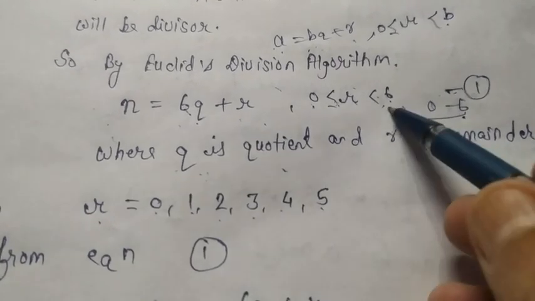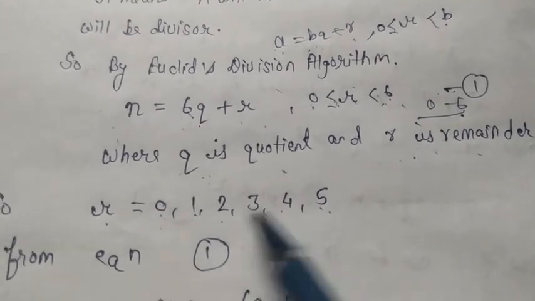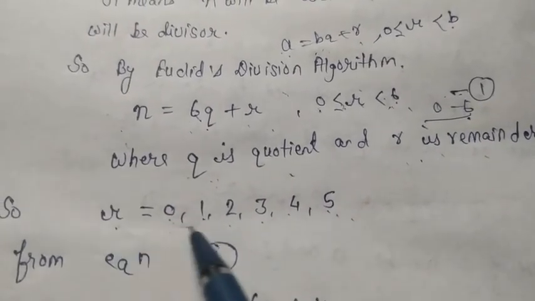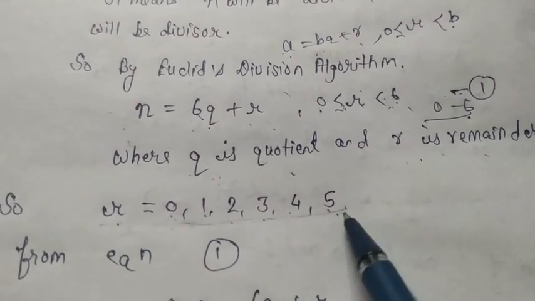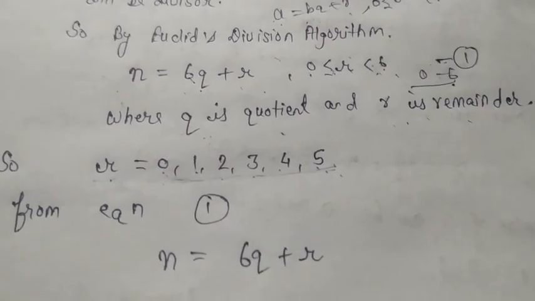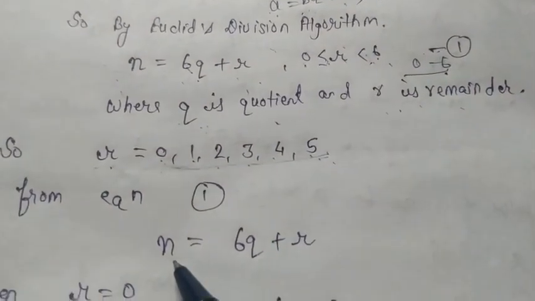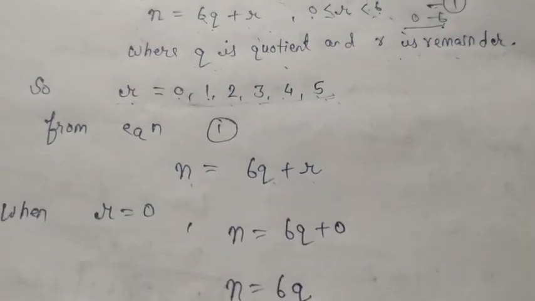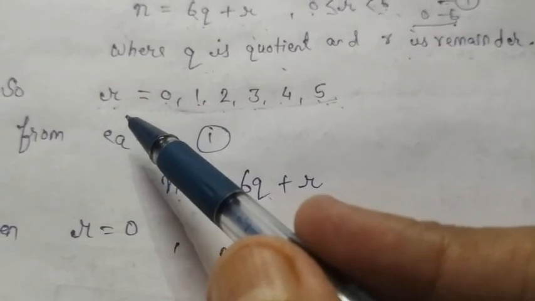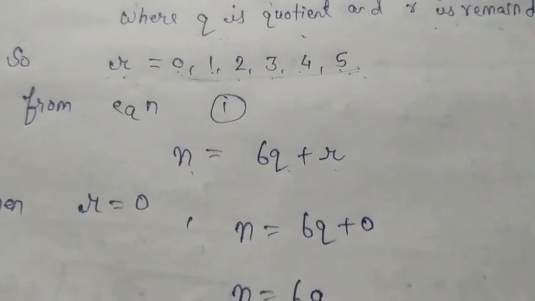So divisor was 6, so remainder is from 0 up to 5 only. Now see, this is equation number 1, n equal to 6q plus r. Now children, what we will do, we will put the values of r in equation 1 one by one.